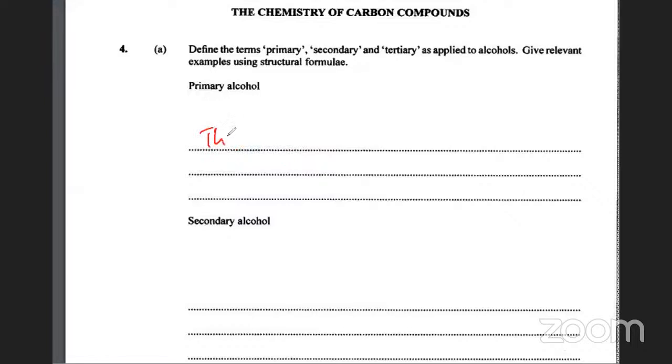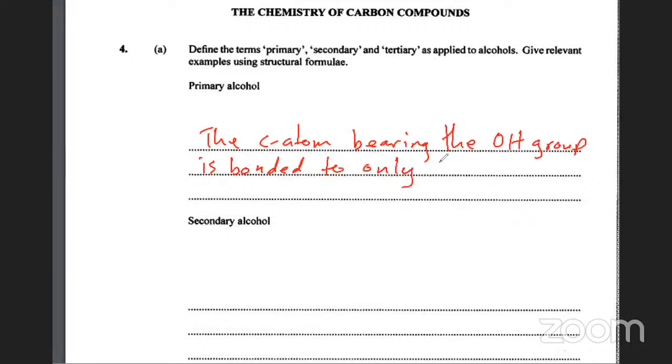So the carbon atom bearing the OH group, or if you want to say the carbon atom to which the OH group is attached, carbon atom bearing the OH group is bonded to only one carbon atom.